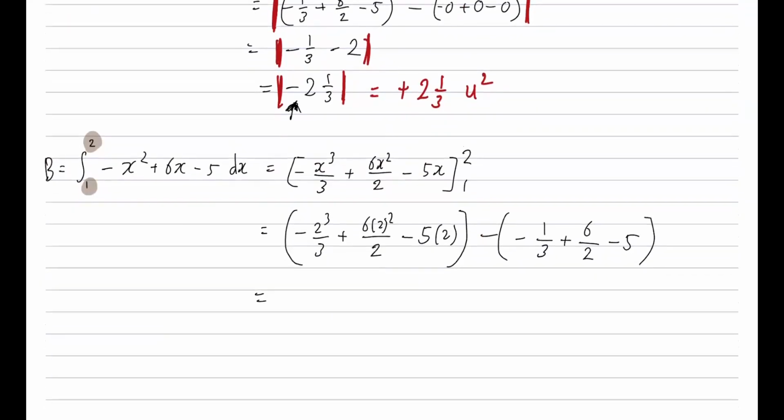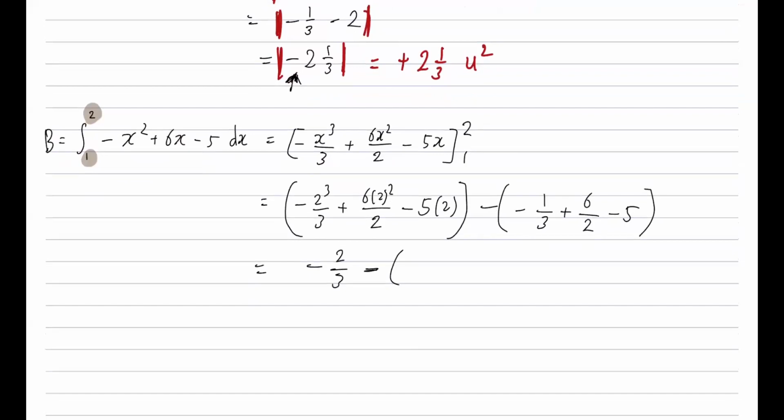Let's just do it quickly. Use the calculator: negative 2 cubed over 3 plus 6 times 2 squared divided by 2 minus 5 times 2. The first part is negative 2/3. Minus away, open bracket: minus 1 over 3 plus 6 over 2 is 2, minus 5.